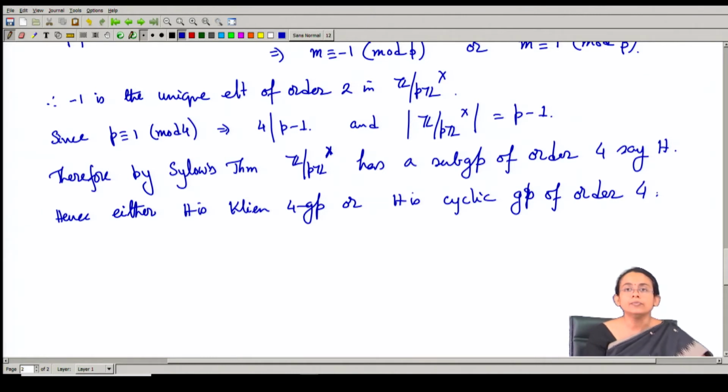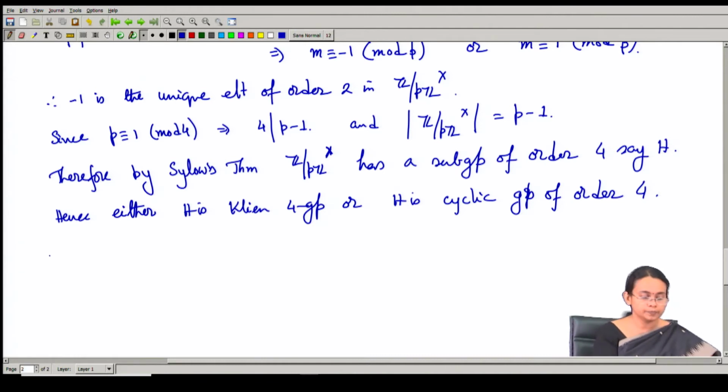But in the Klein 4 group, we know there are 3 elements of order 2. But in Z quotient pZ cross, we have seen there exists only a unique element of order 2. That means H cannot be isomorphic with the Klein 4 group. That means H has to be isomorphic with the cyclic group of order 4.